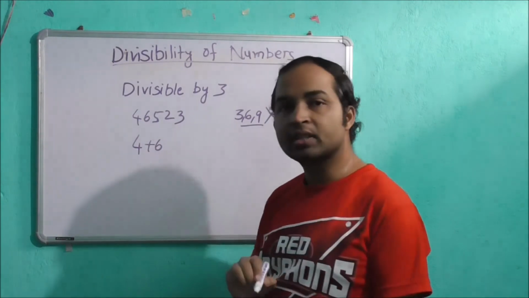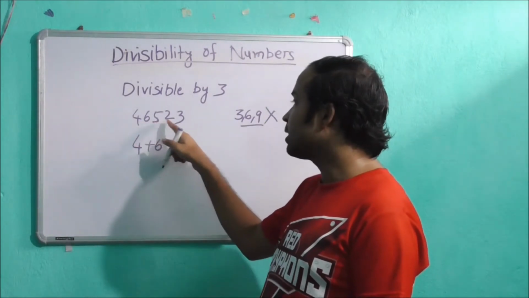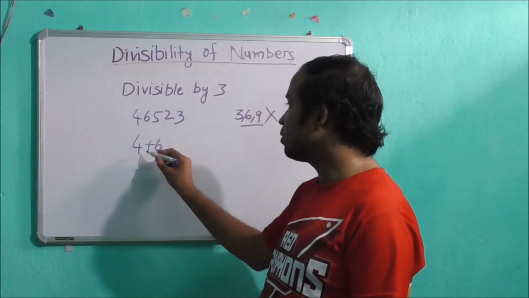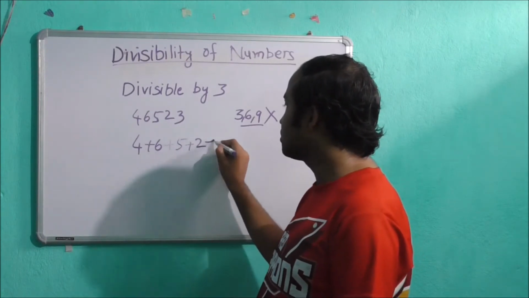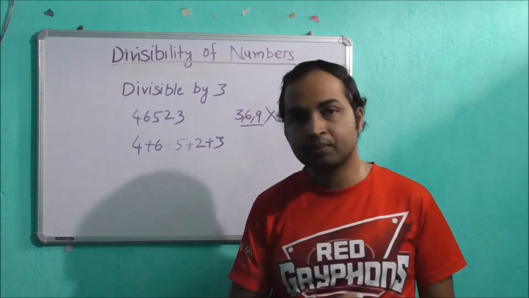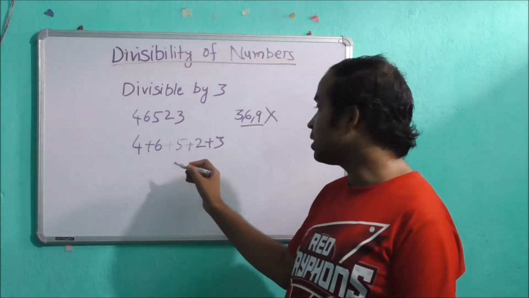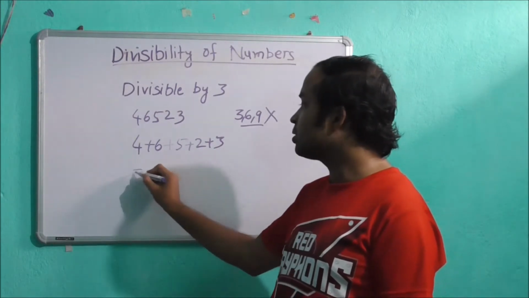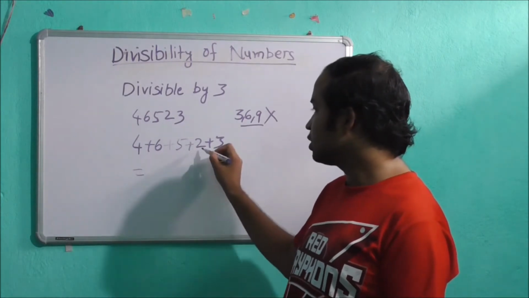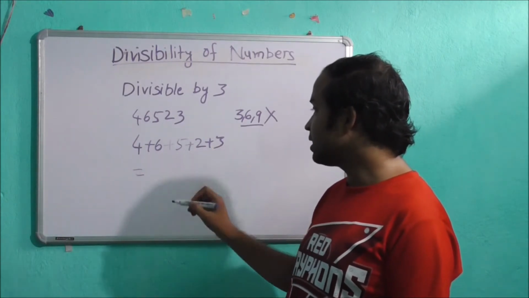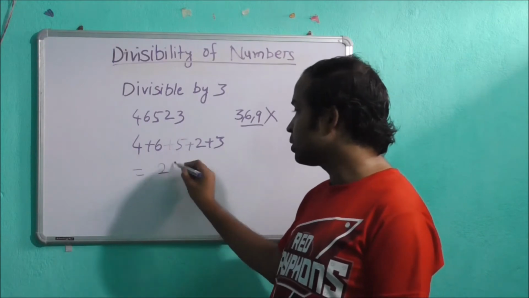We will calculate the sum of all the digits: 4 plus 6 plus 5 plus 2 plus 3. So 6, 4 makes 10, 5 makes 15, 2 makes 17, 3 makes 20.